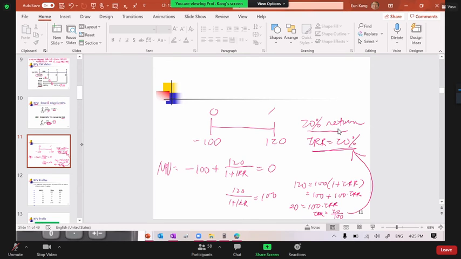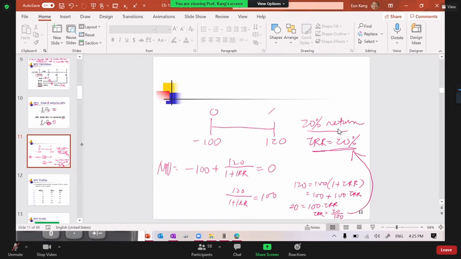To understand that one, I'll show you more examples later. But currently, IRR is nothing more than the return of the project. This is just a review of FIN 304, so I don't want to spend lots of time.